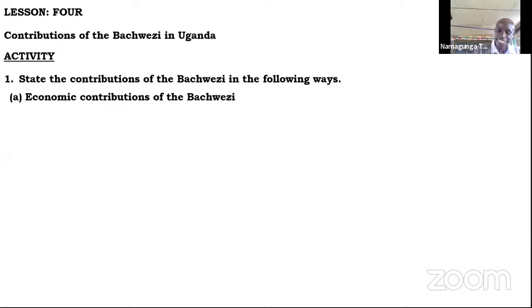Singura Jeanette, give us another one. Asingwire, give us the next one, apart from the longhorn cattle, coffee growing, pottery, iron smelting. They introduced backcloth making.